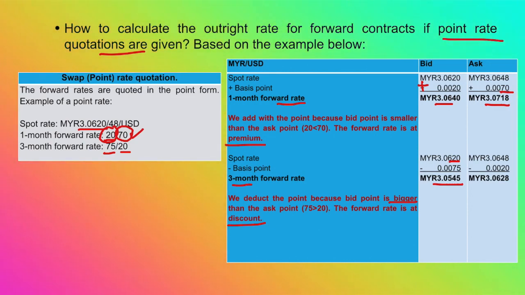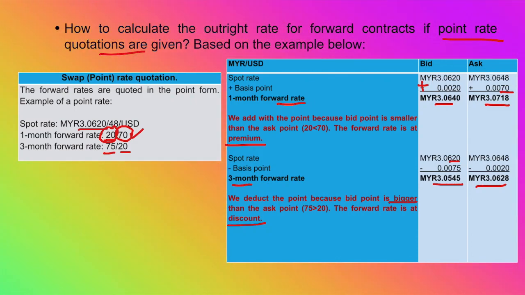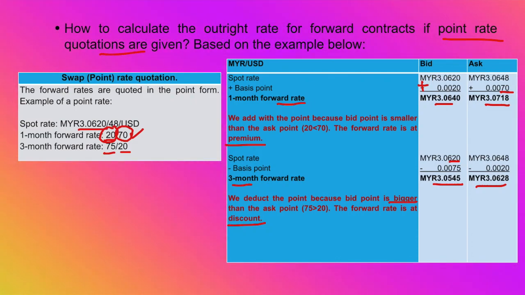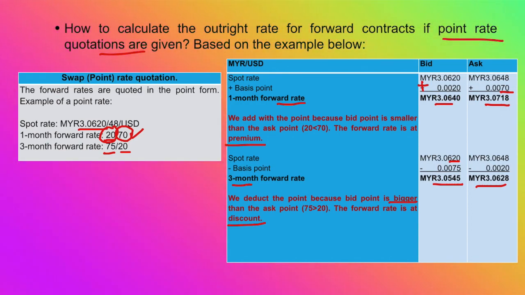So you will get 3.0628. Okay, so this is the point rate. Either it is premium or discount, you have to compare between the bid rate and ask rate.